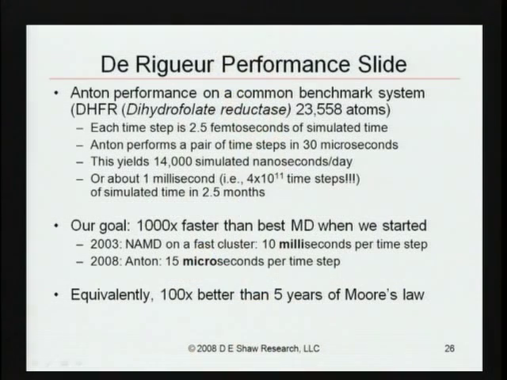And so we can do about 14,000 simulated nanoseconds per day, which is a pretty good pace. The fastest general computer around can do something like 400, as far as I know, which is the current record. And we're doing about 100x better than 5 years of Moore's Law compared to where we started, so we think that's pretty good too.